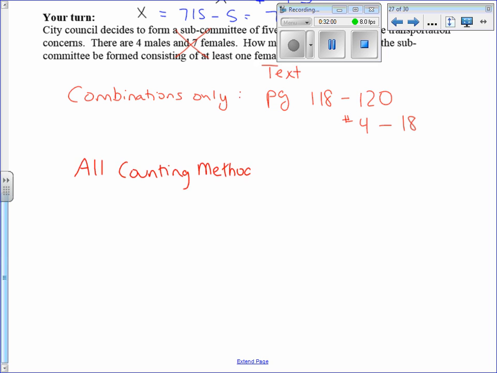These are in random order, so that it's not laid out in the way that it was laid out in the notes. It's in random order so that you can practice picking what's a combination, what's a permutation, and if it's a permutation, which one to use. So looking at page 126 to 127, numbers 4 to 16. Okay, so work on those.